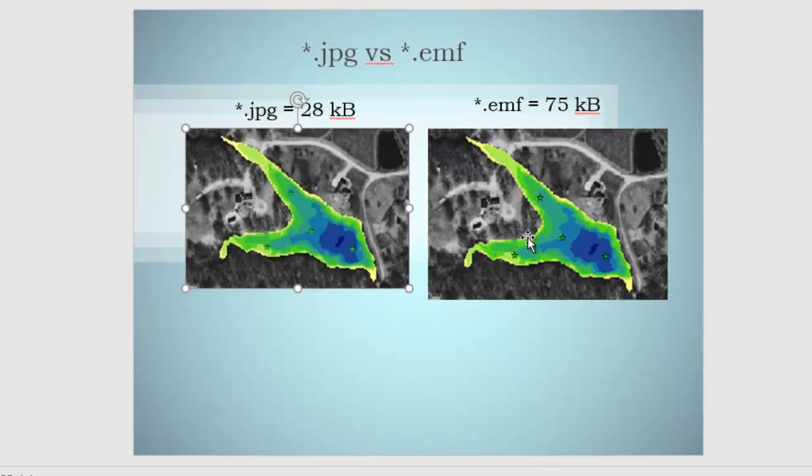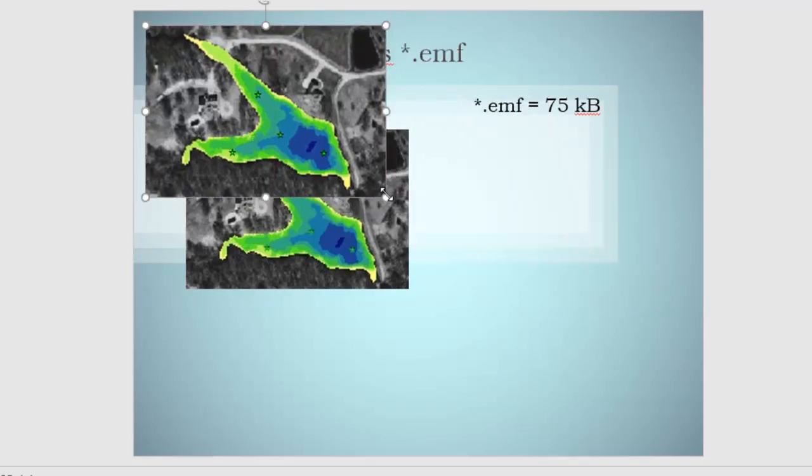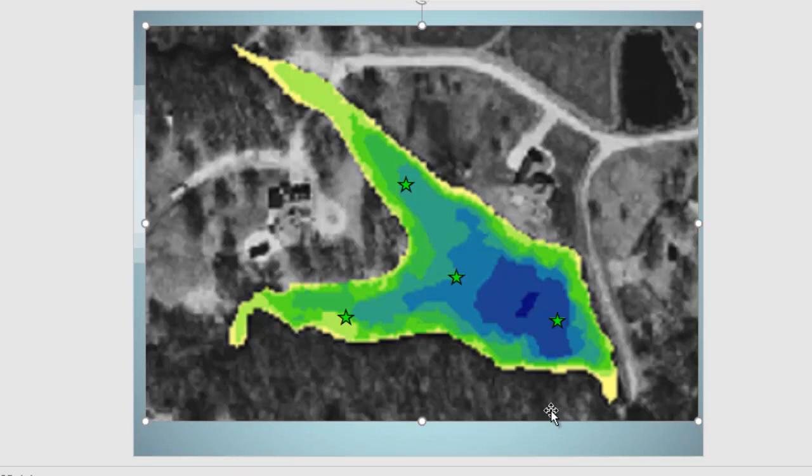Now, the same map exported from the same version of ArcMap, but as an enhanced metafile. I'm going to do the same thing and enlarge it. Now, look at those stars. Although the edge of this still looks rough, that's because the original looked like that. The original was a raster in ArcMap.